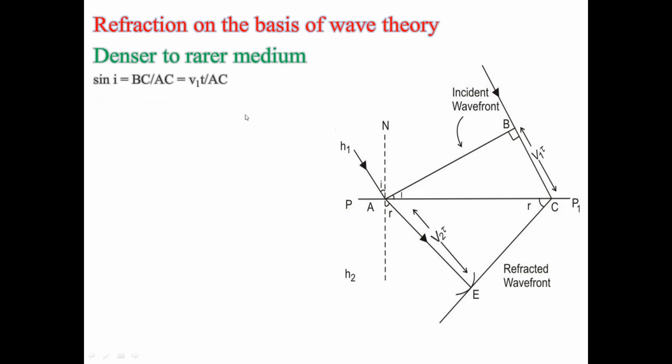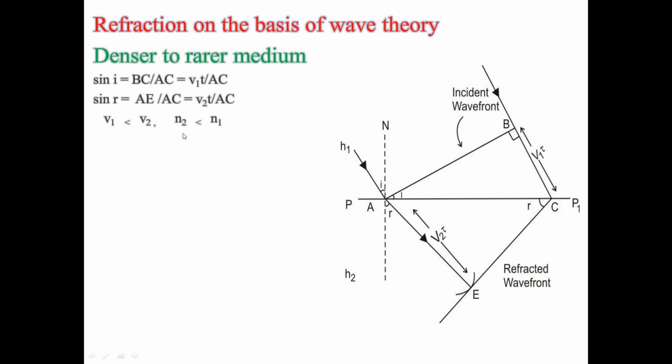So in this case, sin I is equal to BC by AC. BC is V1 into T. And sin R is equal to AE by AC, and AE is V2 into T. Here V1 is less than V2 and N2 is less than N1.